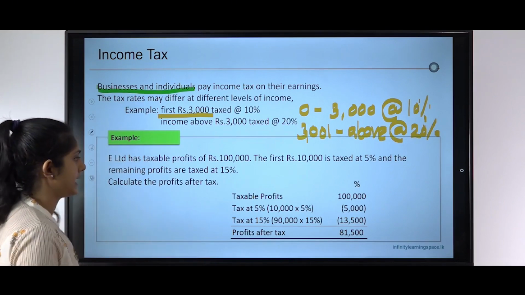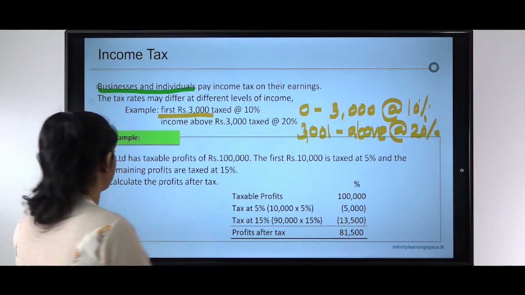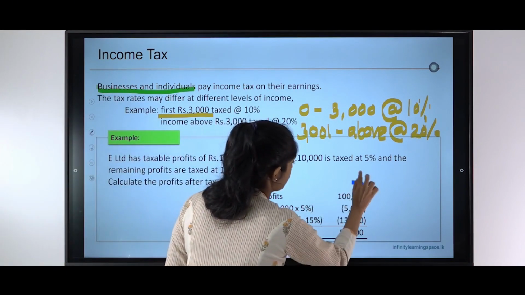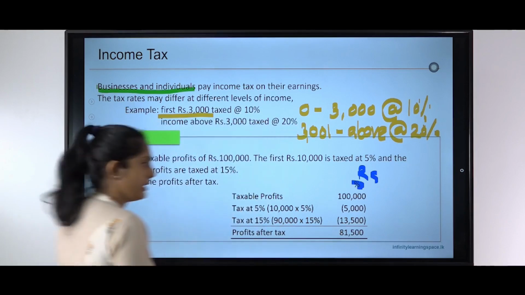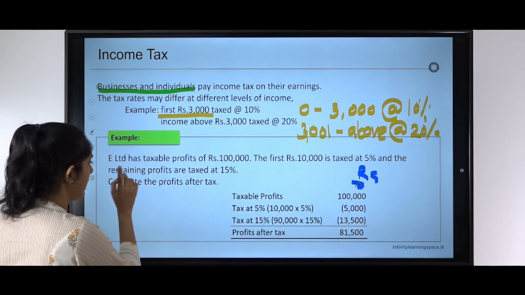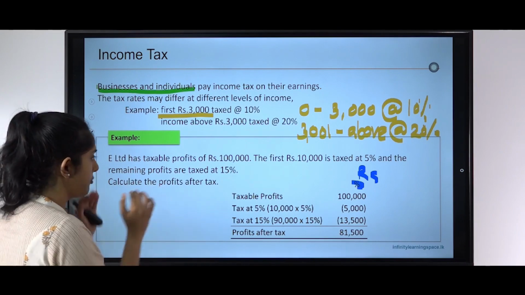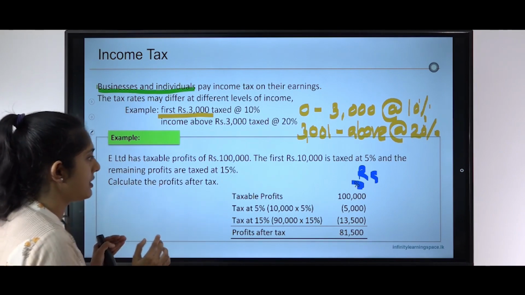So see this taxable profits, this has to be rupees, right? So taxable profits are in total, let's say 100,000. First, your tax is on the first 10,000.